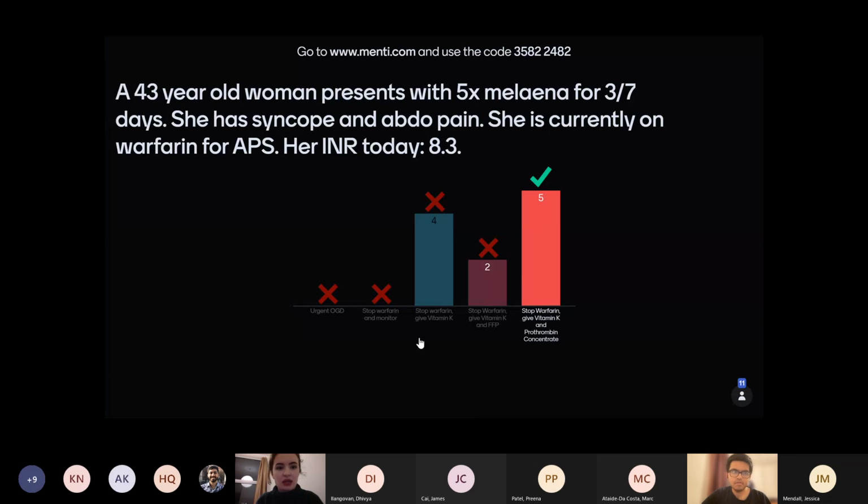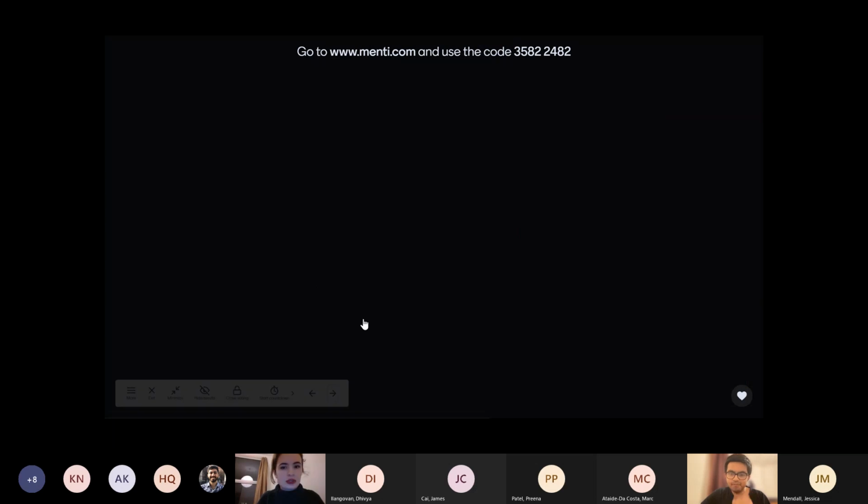Vitamin K will take hours to work, and you don't really have hours if she's got syncope. That's a very bad sign. So prothrombin complex concentrate is the first line, and you only give FFP alongside it or instead of it if you don't have any available, but when does that ever happen in real life? If you look back on the slides, I wrote it out so you can learn what to do in each situation. I put it in the chat as well.